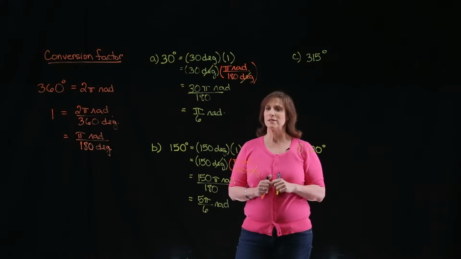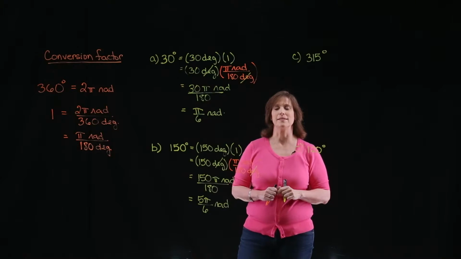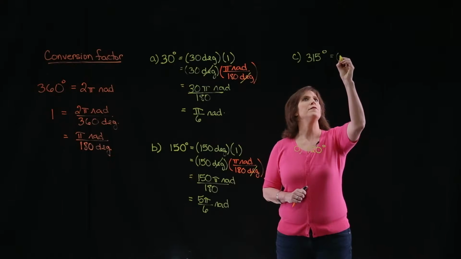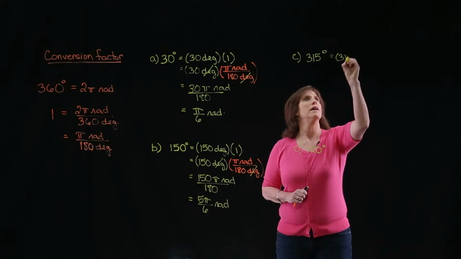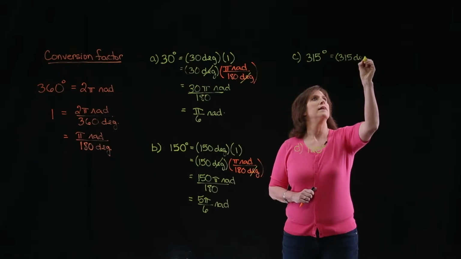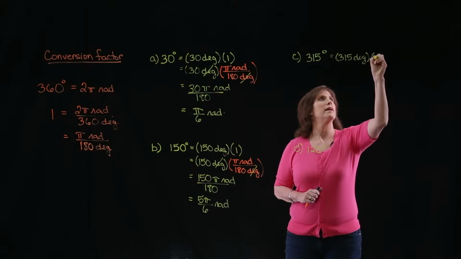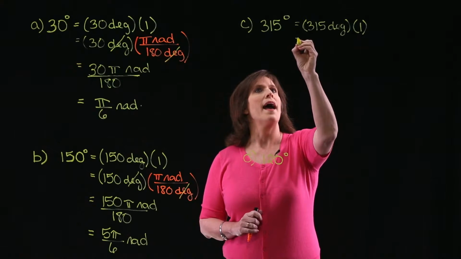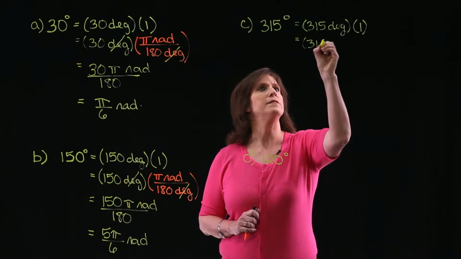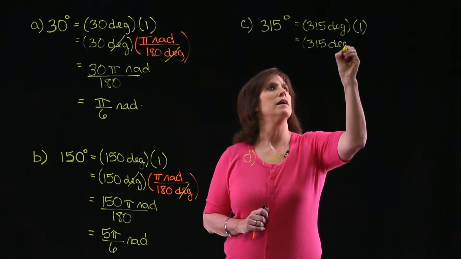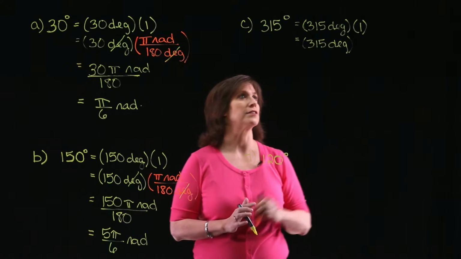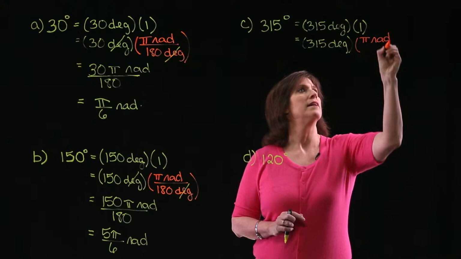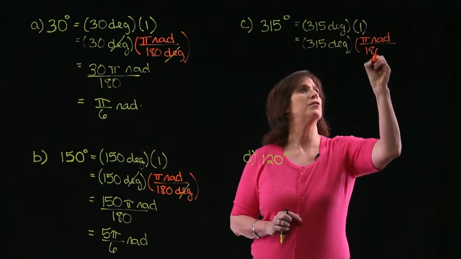All right, one more time, 315 degrees. It's the same idea. So we'll start out with 315 degrees, and we're going to multiply by 1. So I have 315 degrees, and my conversion factor is pi radians over 180 degrees.